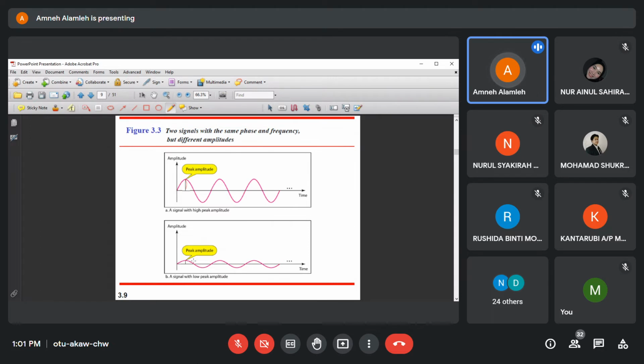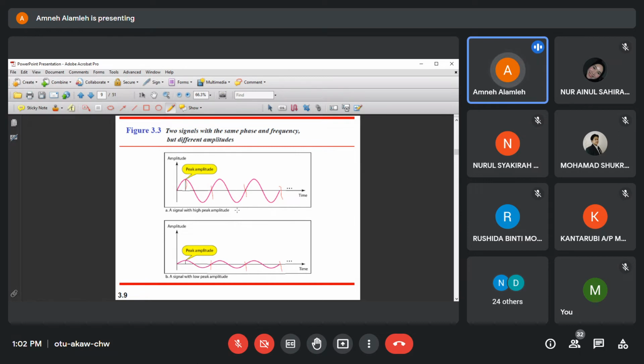So in A and B, we have the same phase and frequency. What do we mean by frequency? The frequency is the number of waves in the time unit. So here we have 1, 2, and 3 waves. And here also we have 1, 2, 3 waves.